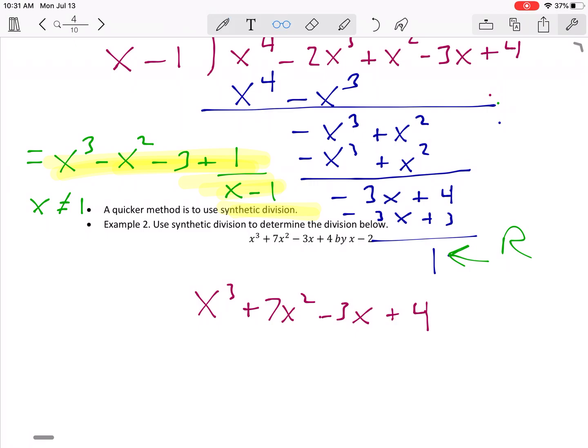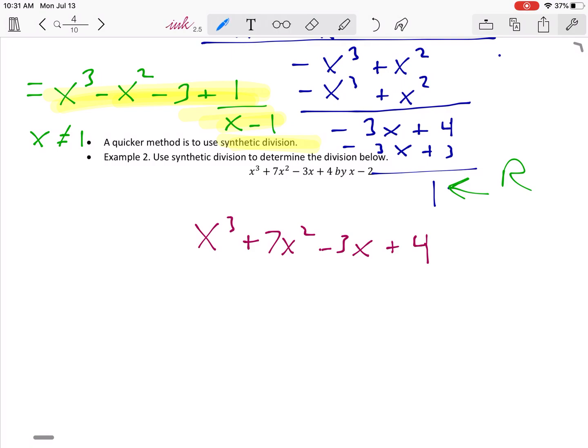Now what you do is you make this table. So we have x, and we've got minus 2. What you do is you look at the coefficients here.